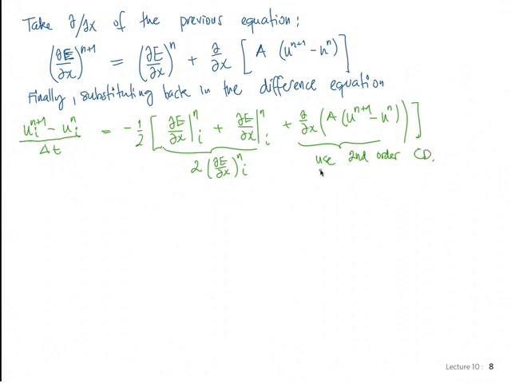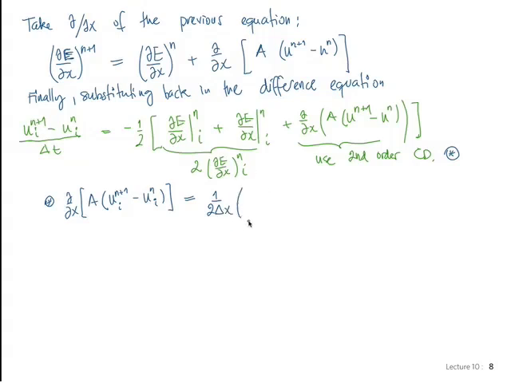Let's do this one: d/dx of A times (u at n plus 1 at i minus u at n at i). So we use central difference with respect to x here, and this step is going to be 2 delta x for the central difference.